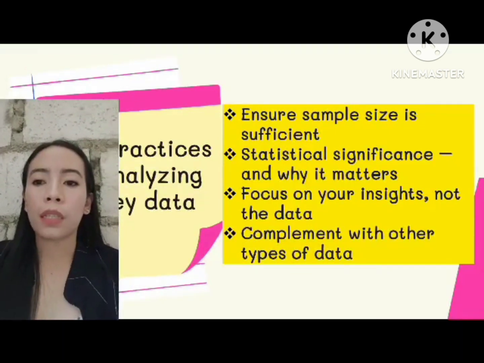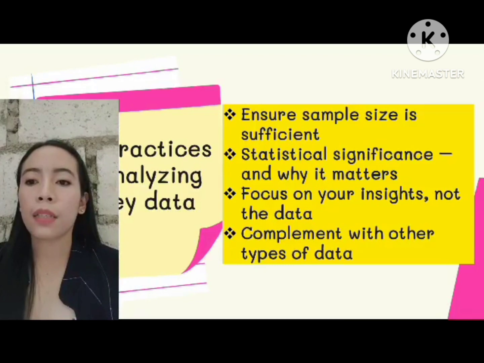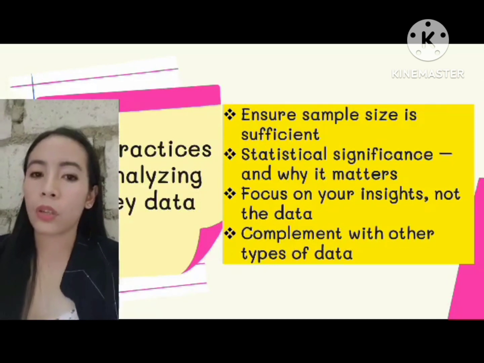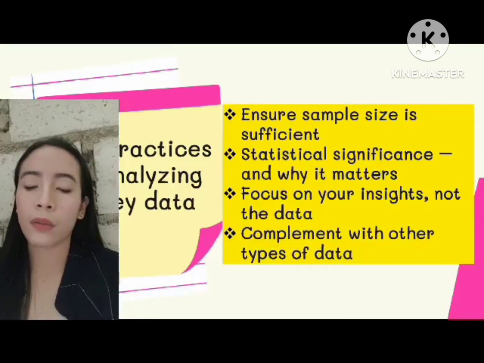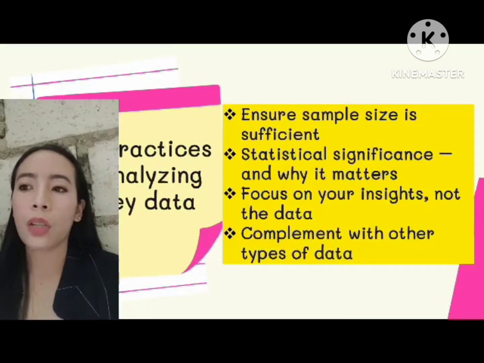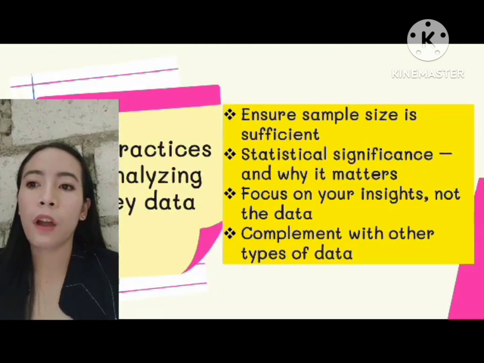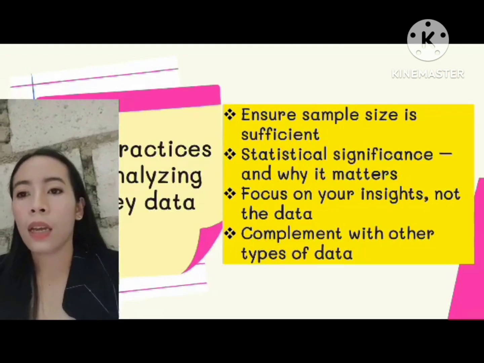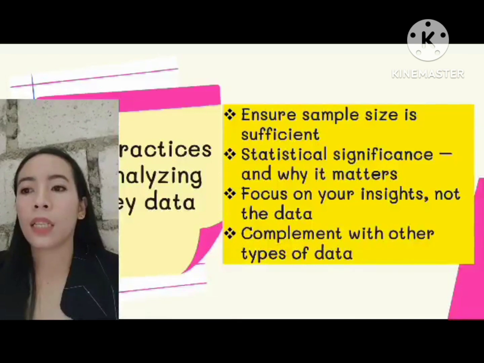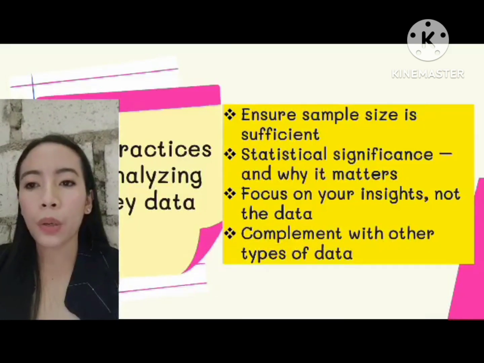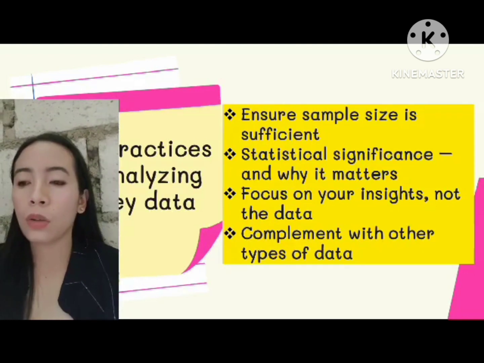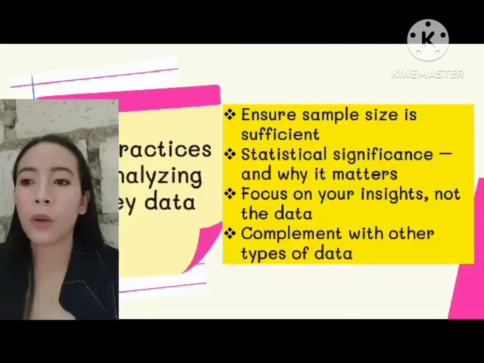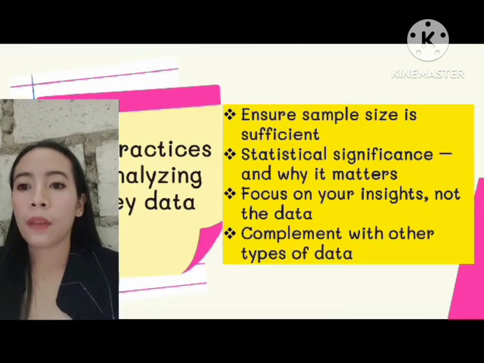Second best practice is statistical significance and why it matters. How do you know you can trust your survey analysis? For example, that you can use the answers with confidence as a basis for your decision making. In this regard, statistical significance refers to how accurate your data is, or rather that your results are not based on pure chance, but that they are in fact representative of a sample.